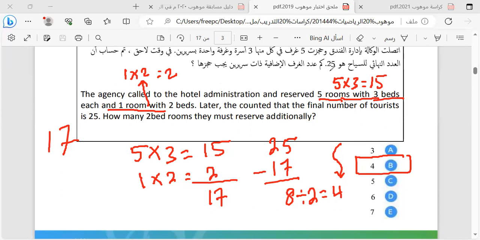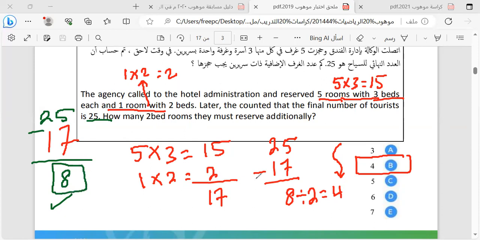Later, they counted that the final number of tourists is 25. Right. So now, how many 2-bedrooms must they receive? We subtract. How many beds do we need?